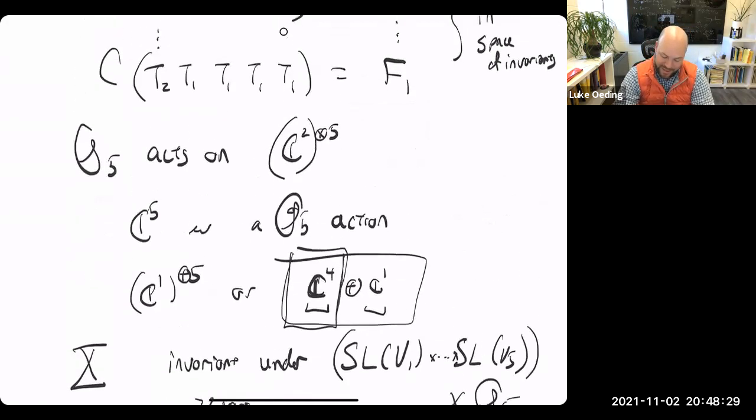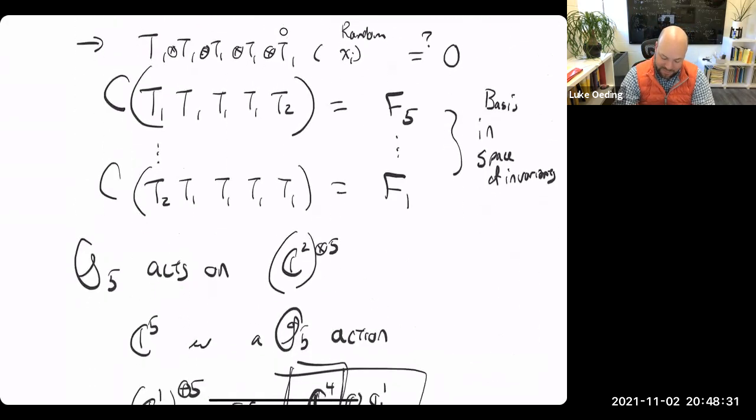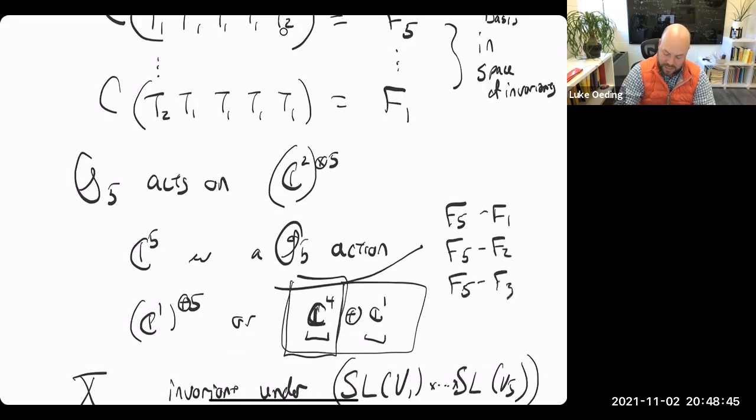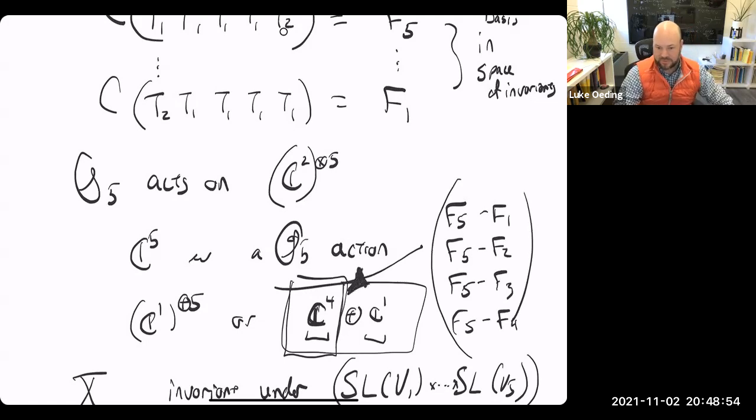And also we can skip one extra step. I know a basis of this standard representation. A basis here is F5 minus F1, F5 minus F2, F5 minus F3, and F5 minus F4. This is a basis of that space, just from back in the first time you ever saw any representations of SD, the standard representation has a basis like that.